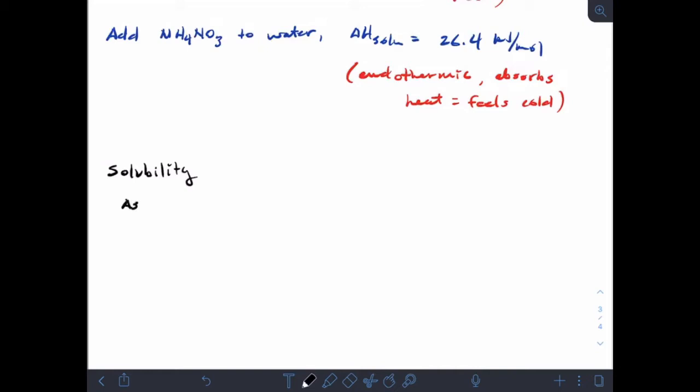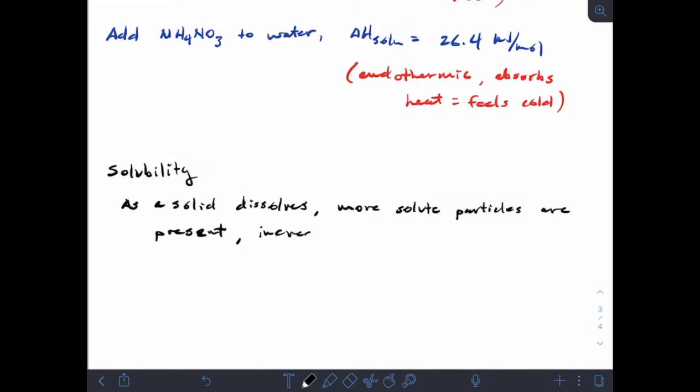So as a solid dissolves, more solute particles are present in the solution phase, which increases the likelihood of collisions.